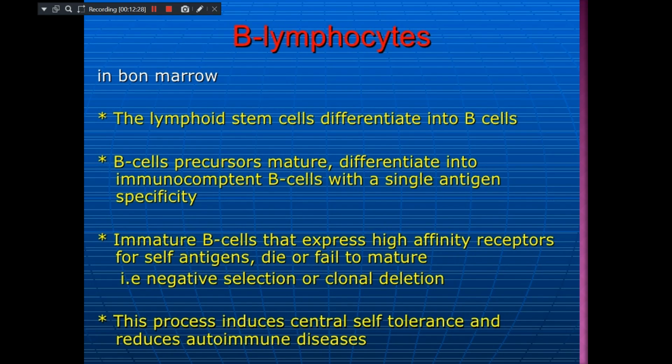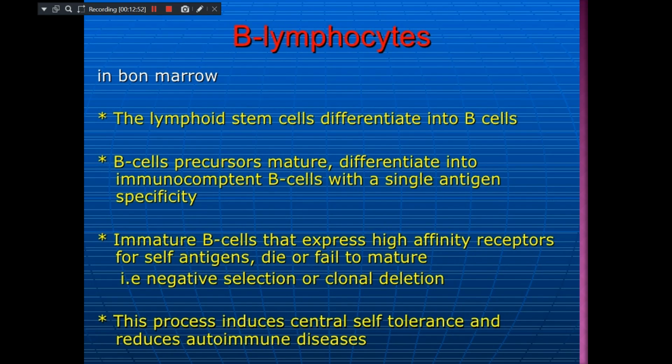If there are different types of antigen, there must be different kinds of immunocompetent B cells. A single immunocompetent B cell means it is specific to a single antigen. If there are different antigens, different B cells will form.